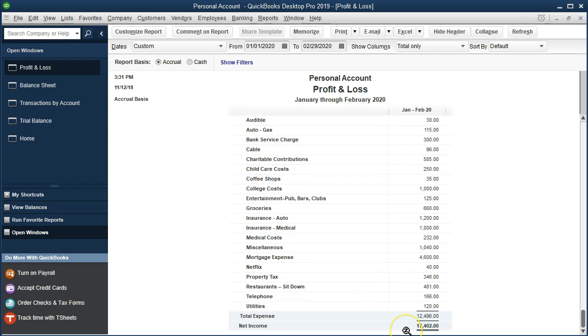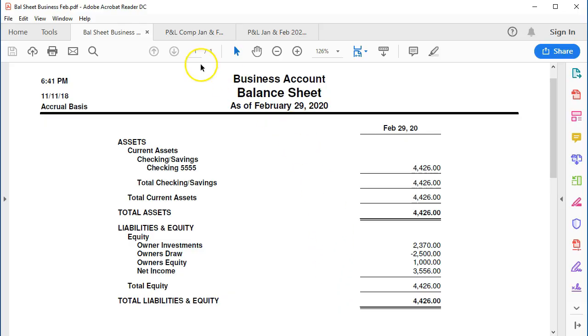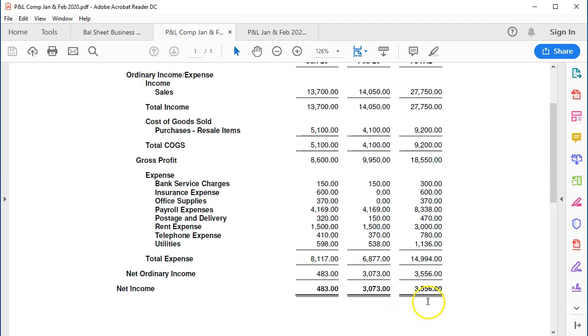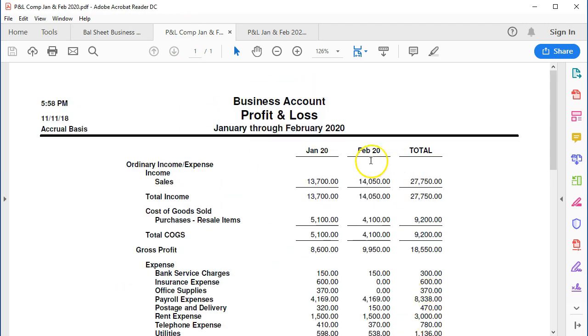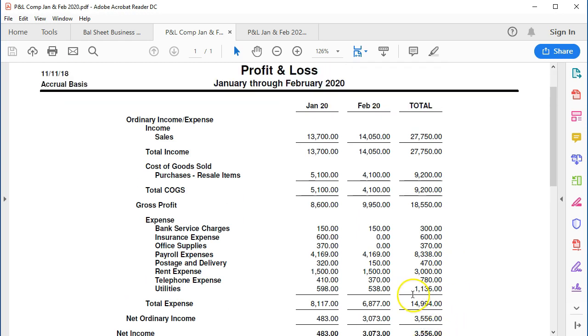The net income, we've got the 17,402 on the personal side. If we take a look at the net income on the business, this is January and February, we've got the 3,556. We can run similar reports for the business and personal.